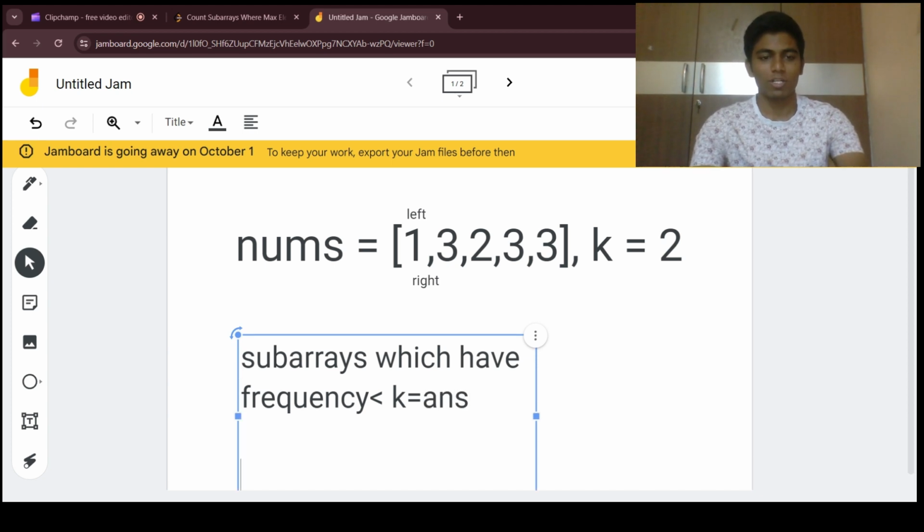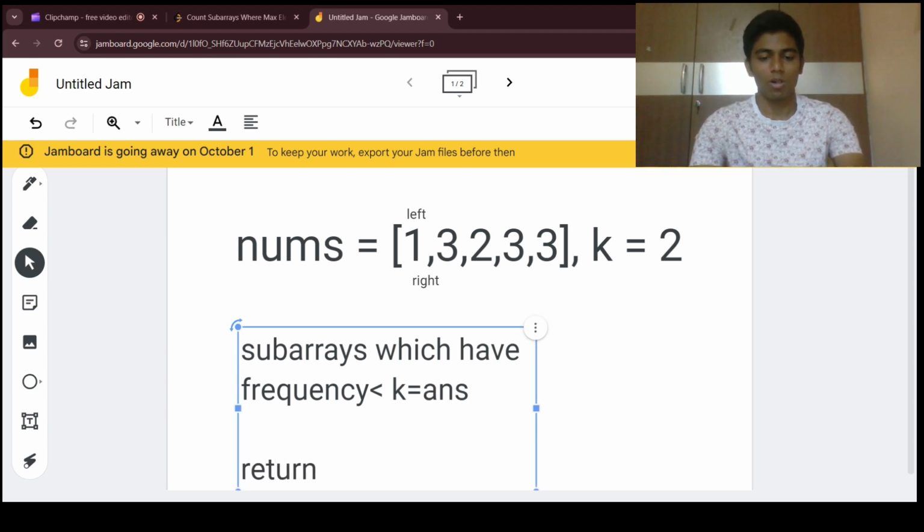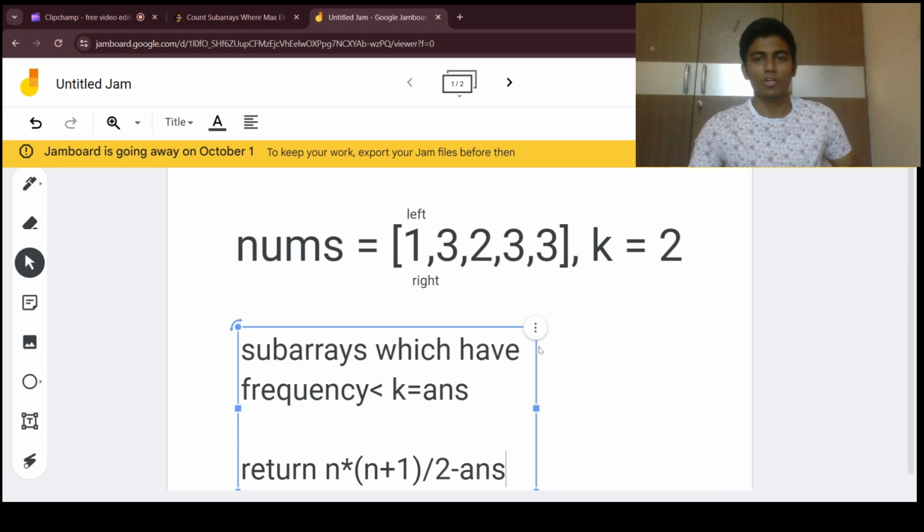Then we return all the subarrays minus this particular answer.